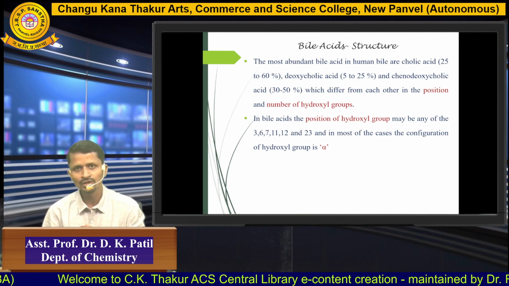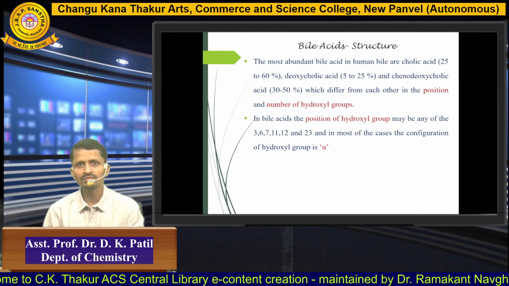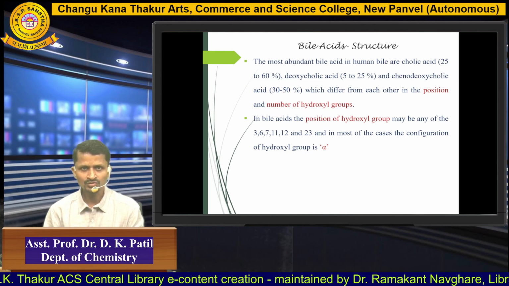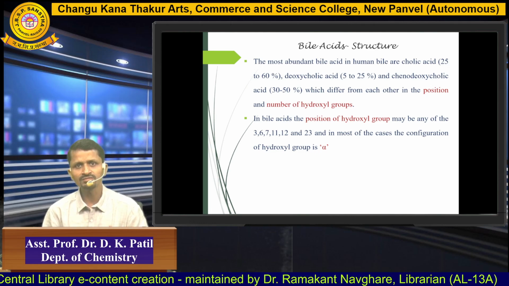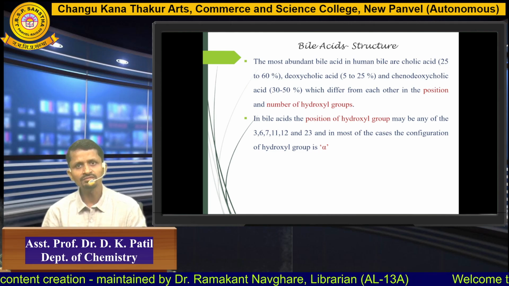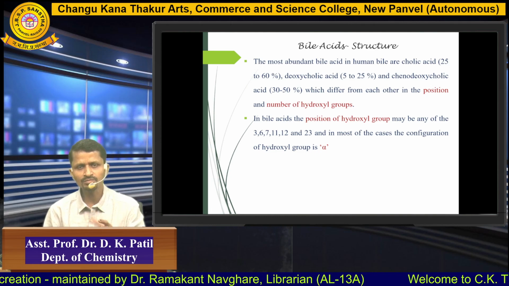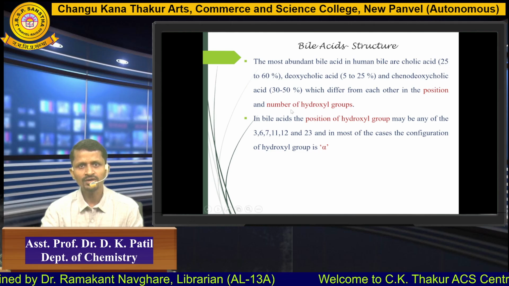They differ from each other only in position and in the number of hydroxyl groups present. The hydroxyl group may be at carbon number 6, 3, 7, 11, 12 or 23, and in most cases the hydroxyl group is present at the alpha position.